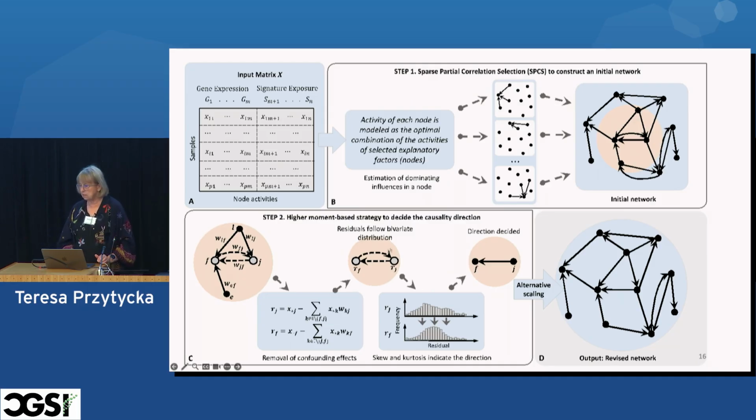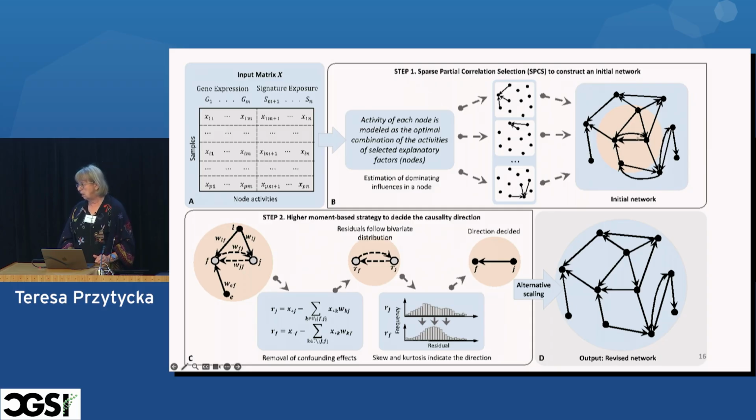So starting with a matrix of genes and signatures and their activities, he built not a regulatory network, but what we call an information flow network, where for each node, be that a signature or a gene, we would like to explain the activity of the node as an optimal combination of the activity of other nodes, selecting a relatively small number of them, minimizing the number of nodes needed for the explanation.